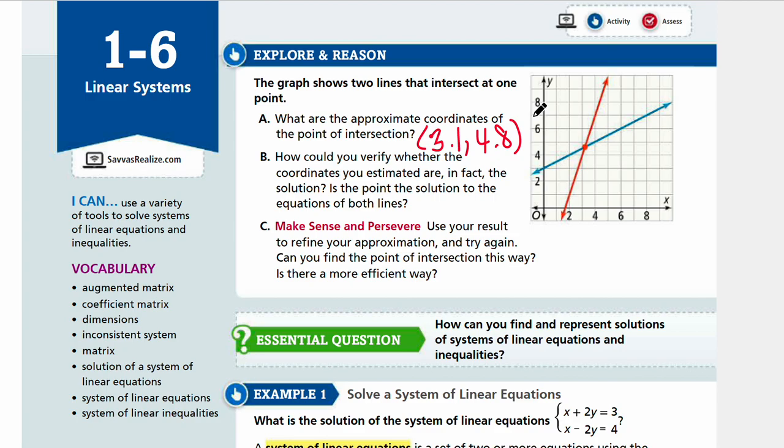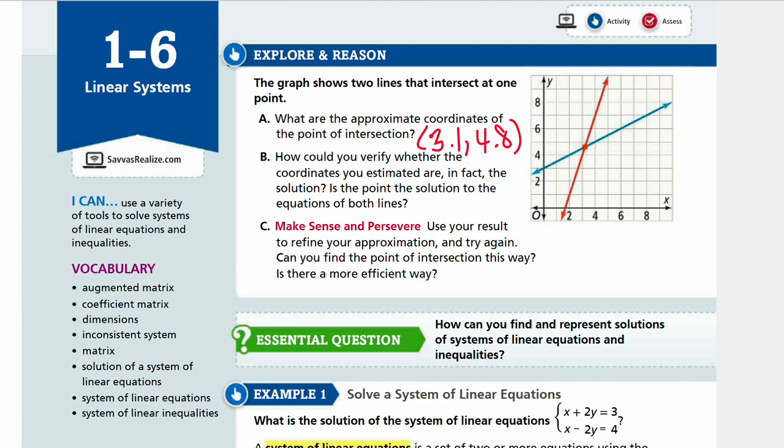Yeah, we can check if 3.1 works as the x value in the functions. If we have the equation of each line, we can plug in our values and solve for the y values to compare, right?